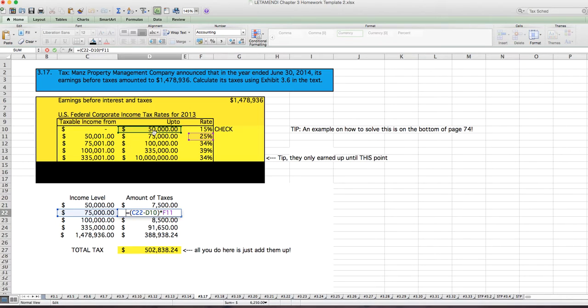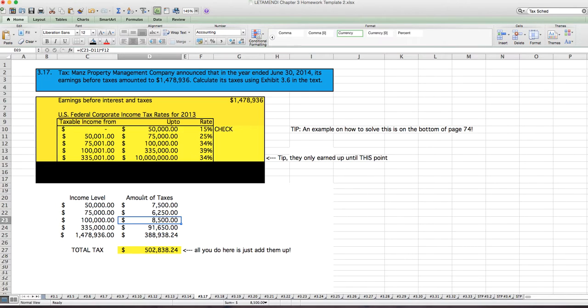The previous level where that ended at. So then in this case, it's the 50,000, and then for this particular level, the tax rate is 25%. Okay, and then when you do that, you get taxes of 6,250. So now we have to calculate the next level, right?